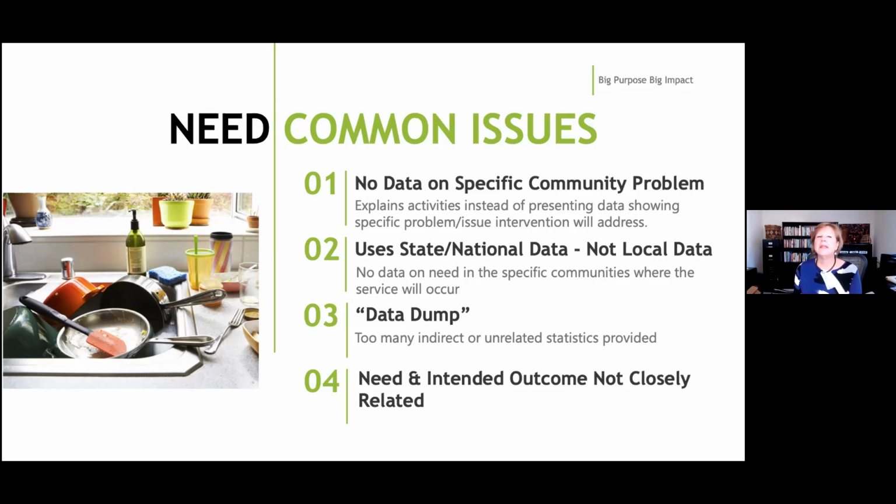Well, you may want to know that for some reasons, but the clearer you can make it, the better. I know sometimes when I read need statements, because of all the data, I think somebody's heading down this path. And then when I read what their intervention is, I'm like, what? Wait a minute. And then I go back, and the piece that's really directly related to what they're doing, maybe there's less data on that.